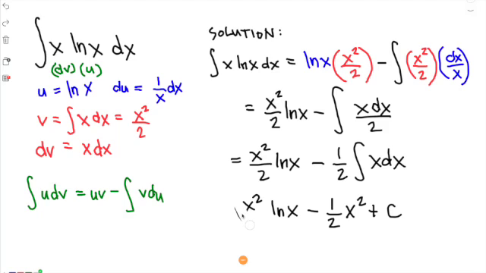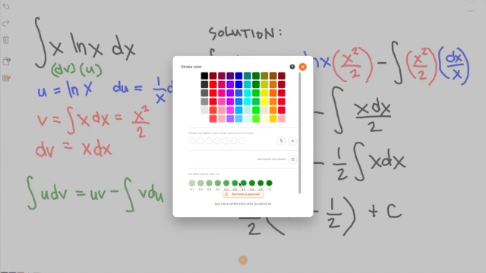Sorry, we actually can factor out x squared as well. So let me write this down in such a way. So this is our final answer here. We factor out x squared over 2. So this is our final answer.